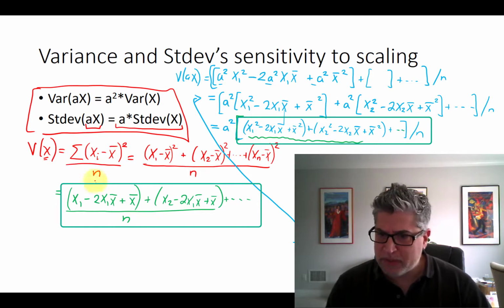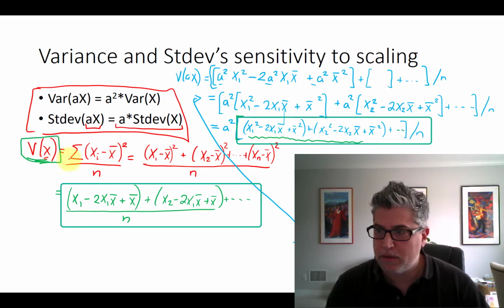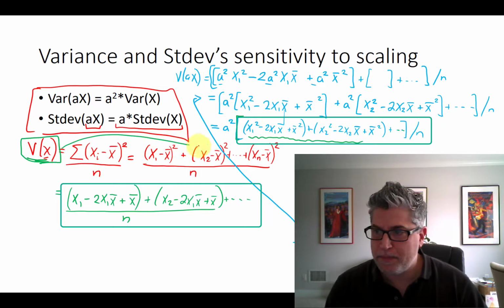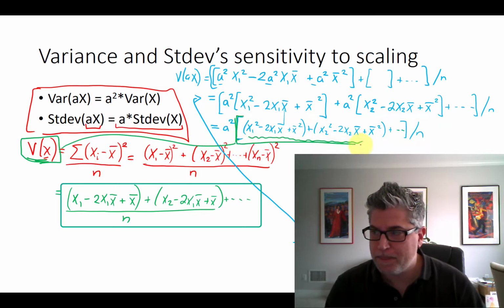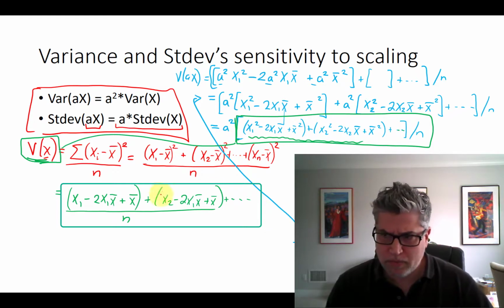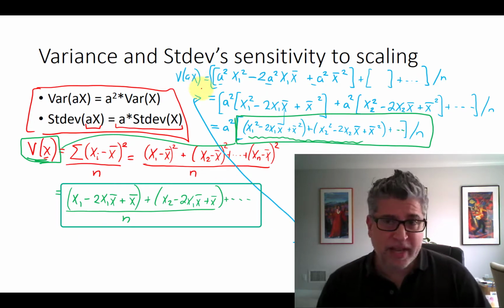So we can just substitute this, which is equal to this, which is equal to that, which is equal to, we could just substitute v of x right here. So, all right, I think we're done, actually.